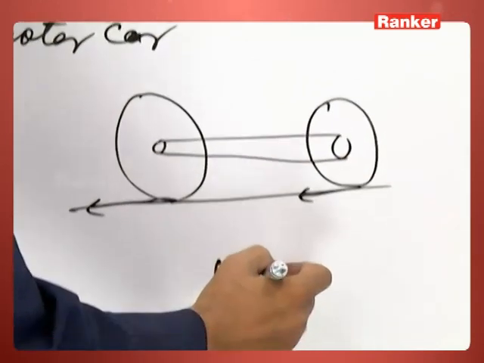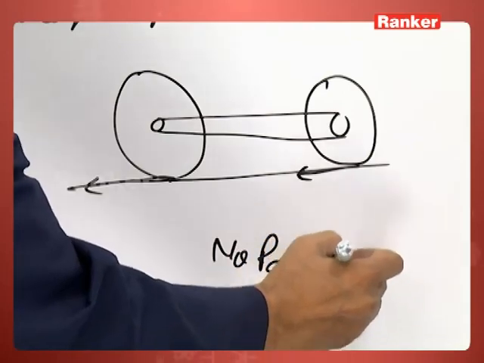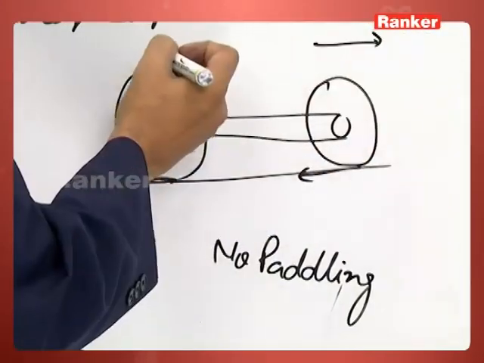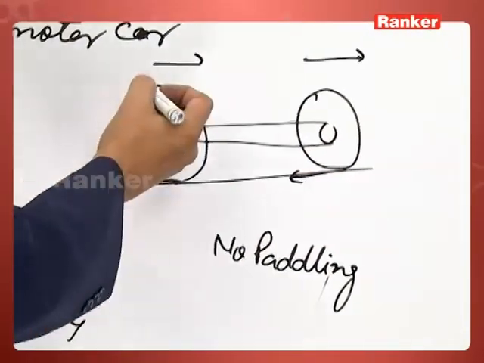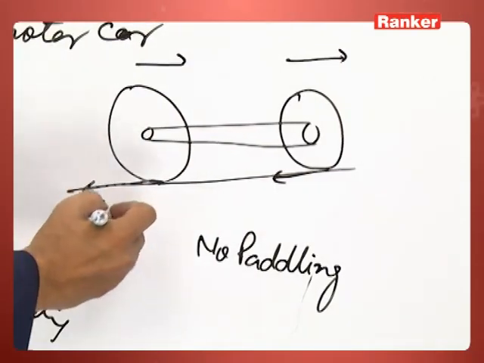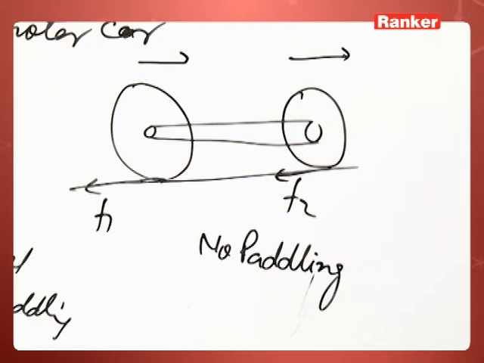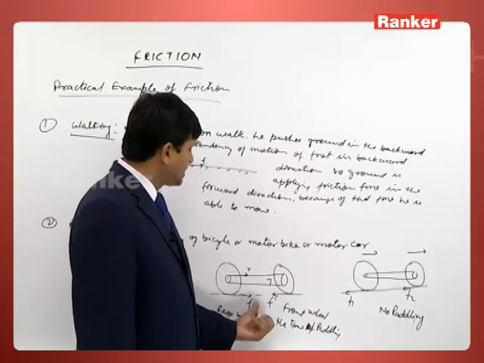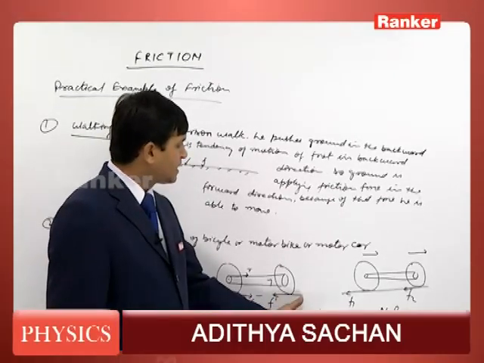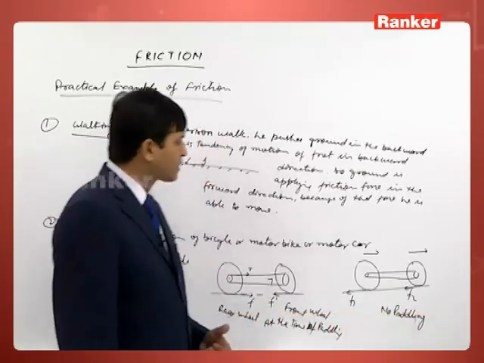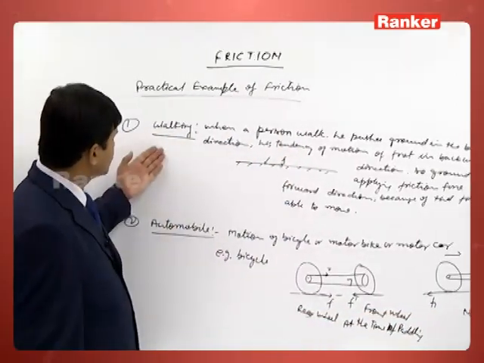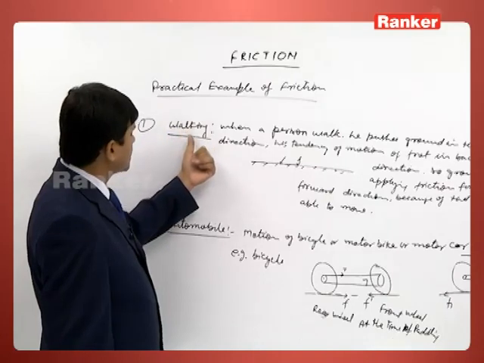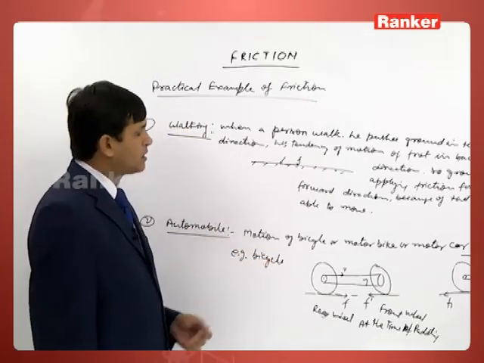So when there is no paddling, friction acts backward in both wheels. When paddling, the friction on the rear wheel acts in the forward direction, and on the front wheel it acts in the backward direction. These are very interesting and important practical applications. Without friction, walking as well as wheels cannot move on the road.